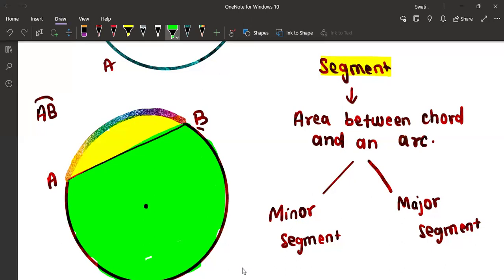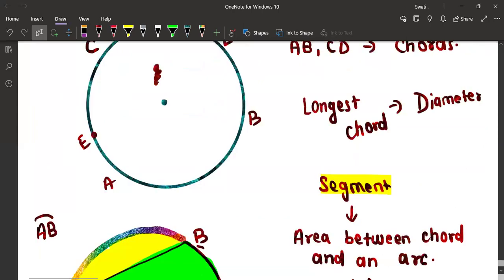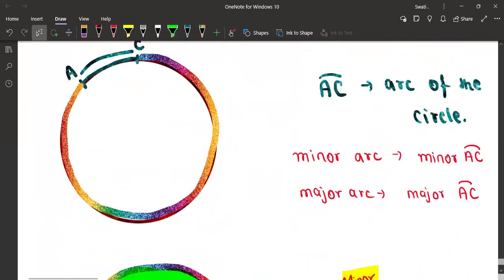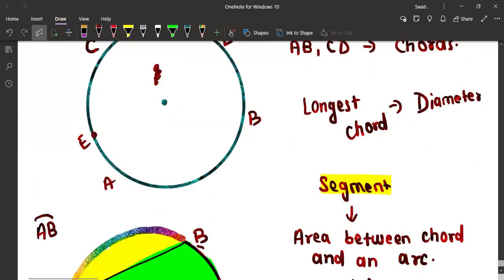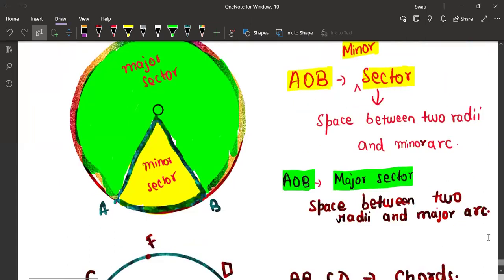Next, we understood about the sector. What is a sector? If I show you again, sector is the area between the two radii and the arc. See, sector, okay, here only. Sector is the area between two radii and an arc. That is called sector.